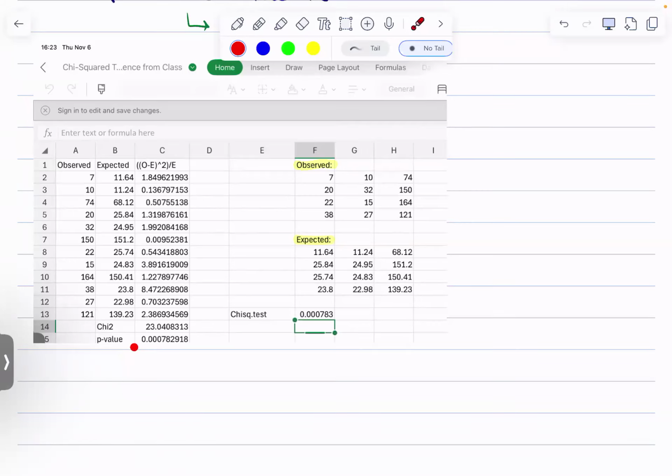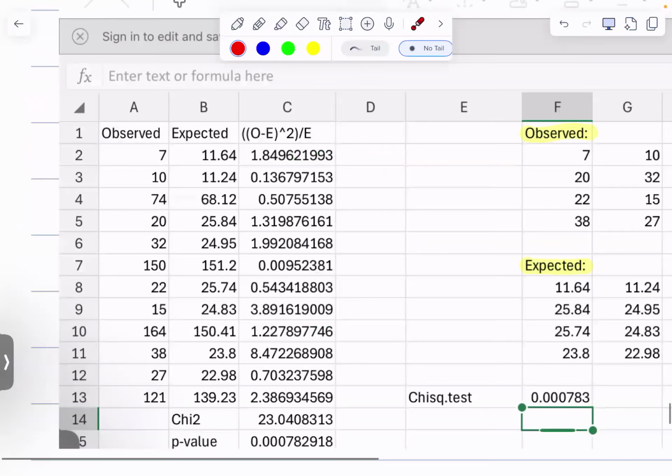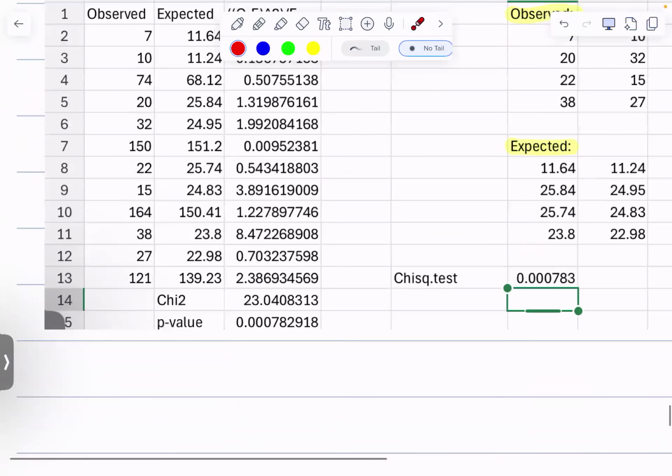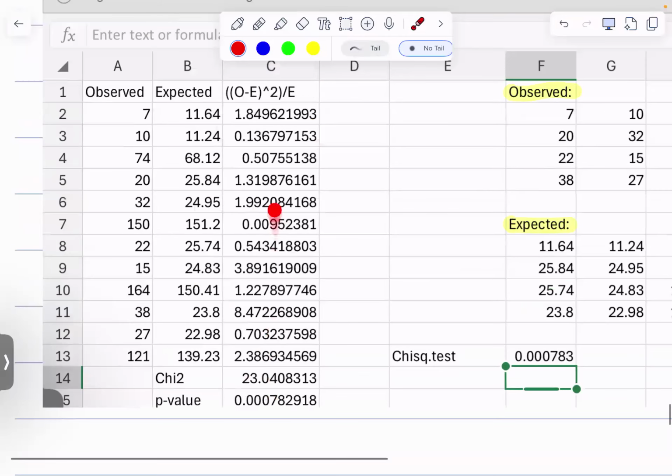Behaves the same way, but how we found the expected counts is different, right? And then next to it, I found the observed minus the expected, and I squared it, divided by the expected, which is easy enough to do, right? As long as you make sure you pay attention to the first cell, and then you can just send it down, right? Then our chi-squared is going to be the sum of all these values here, right?